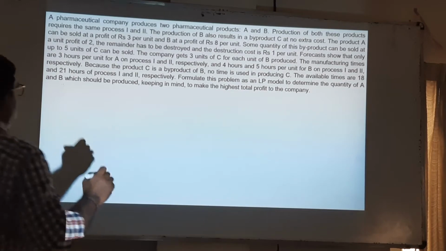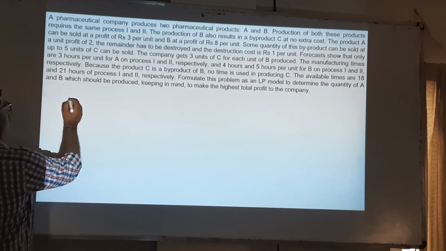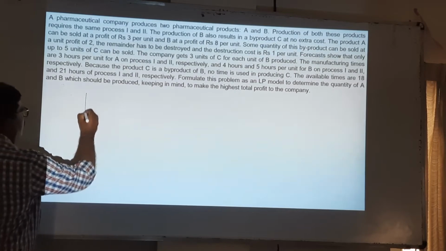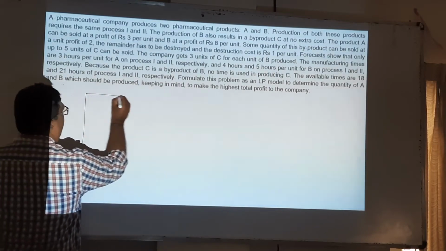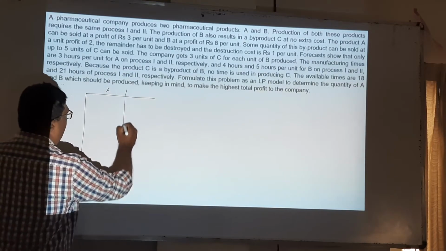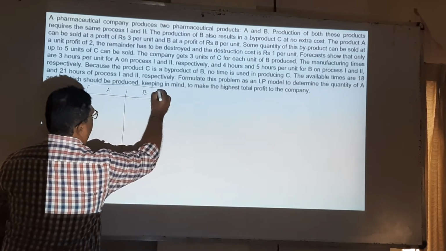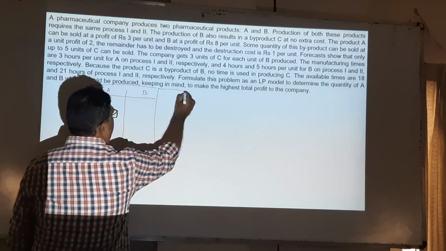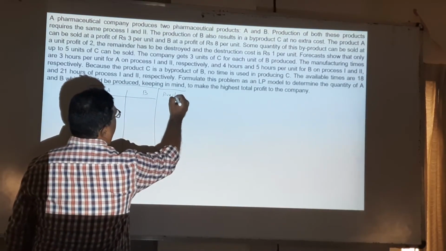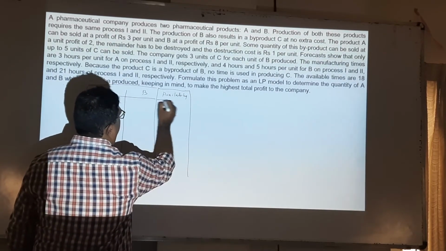So I am just going to take a table with two products A and B, and here I will write the availability of constraints.